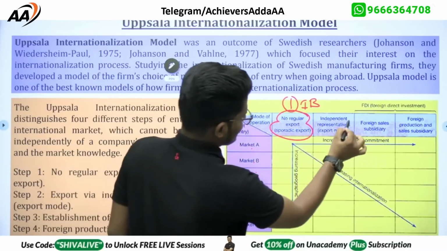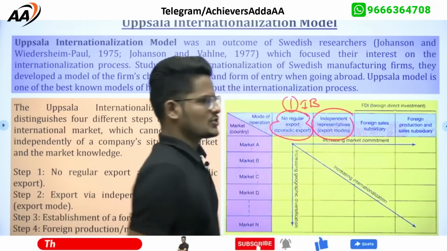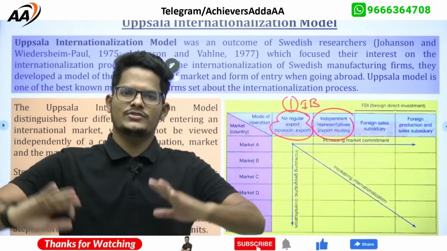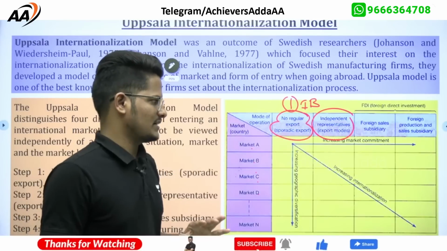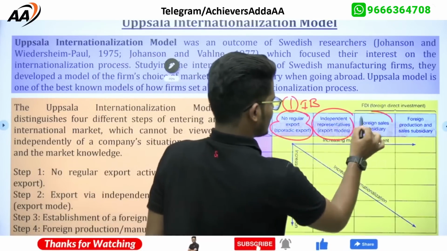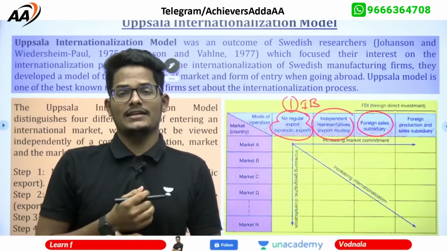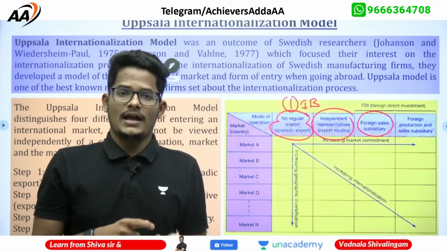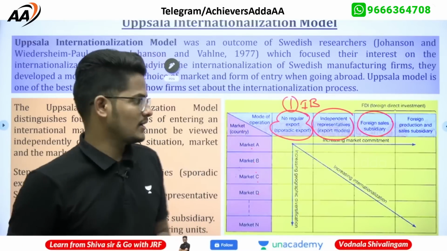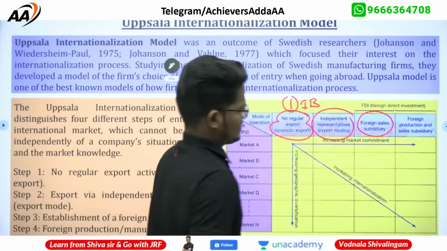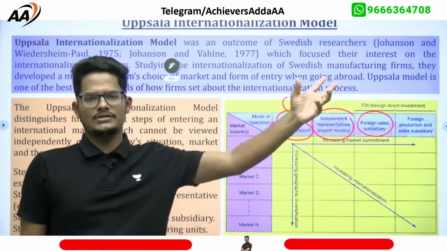Stage number 2 is the independent representative, meaning regular exports will slowly start. After that, the foreign sales subsidiary. You will go to another country and invest much, and you will become a subsidiary in the foreign country. So a foreign sales subsidiary means you will try to set up your own setup there.